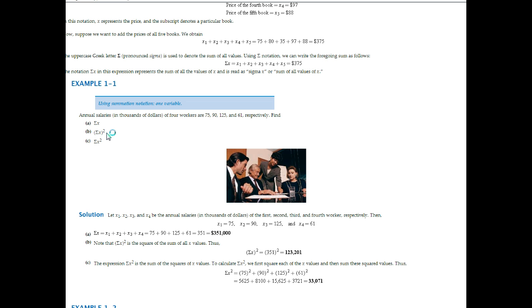What do I get? And then i equals 4. What do I get? And what do I put in between? Plus. So this is the sigma notation. Now there is another notation. We don't use it in this class, but you could have this notation.